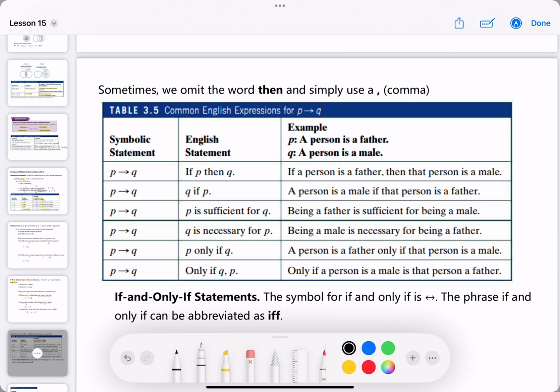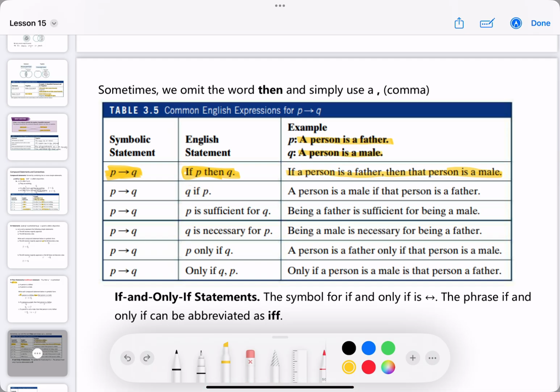If I'm saying the same meaning sentence, if P then Q, I can say if P, Q. For example, I have two statements, P and Q. If a person is a father, then that person is a male. If I'm using different notation, I can say Q if P.